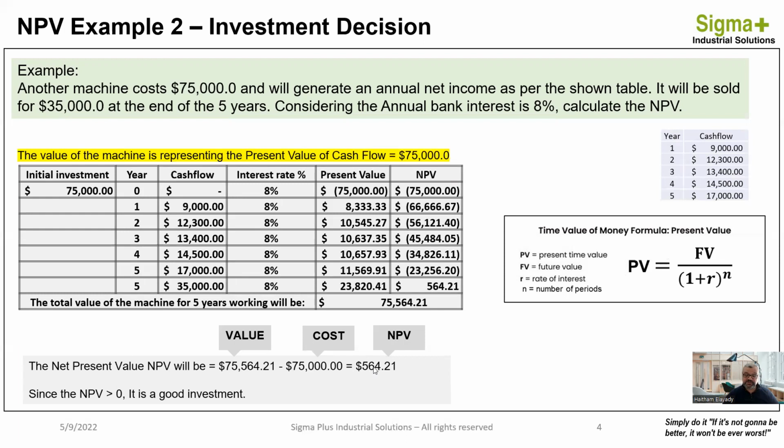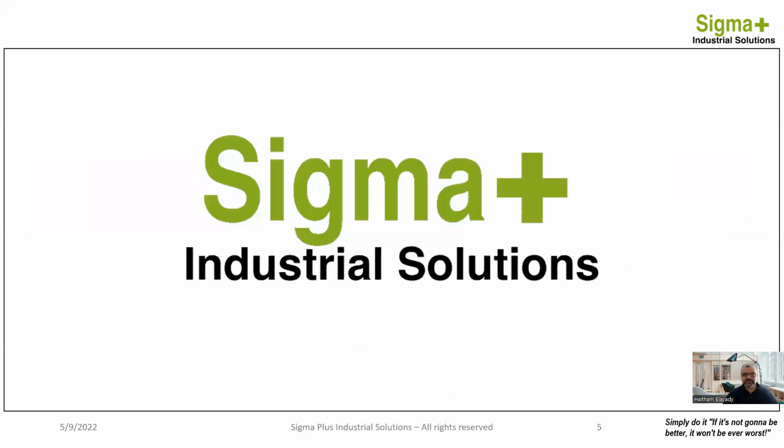So I have a positive $564.21, which means that the net present value is positive, higher than 0. That's why we consider it a good investment. Based on these simple calculations, we can compare different scenarios and see whether we have a good or bad investment.